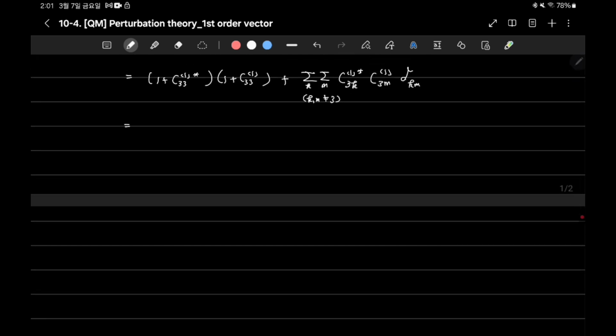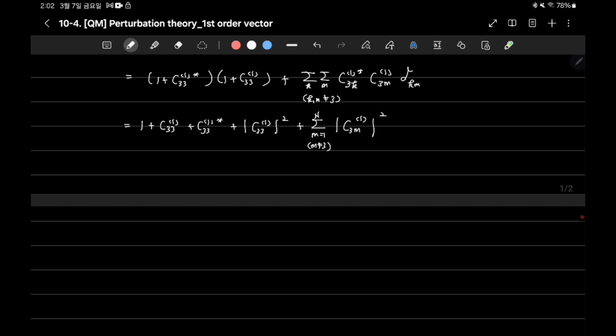So when you calculate, 1 plus C33 first plus C33 first complex conjugate plus C33 first squared, and plus, because only K should equal M, only M from 1 to N, where M is not equal to 3, of C3M first squared.